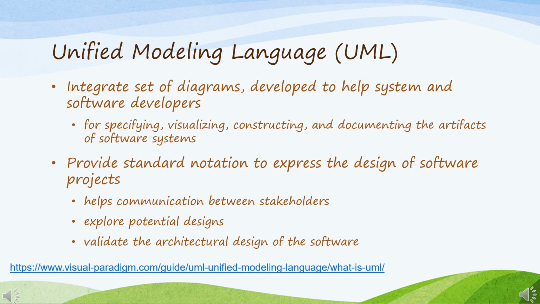UML is the abbreviation of Unified Modeling Language. It's a standardized modeling language that consists of an integrated set of diagrams. It was developed to help systems and software developers for specifying, visualizing, constructing, and documenting the artifacts of software systems, as well as for business modeling. The UML represents a collection of best engineering practices that have been proven successful in modeling large and complex systems.